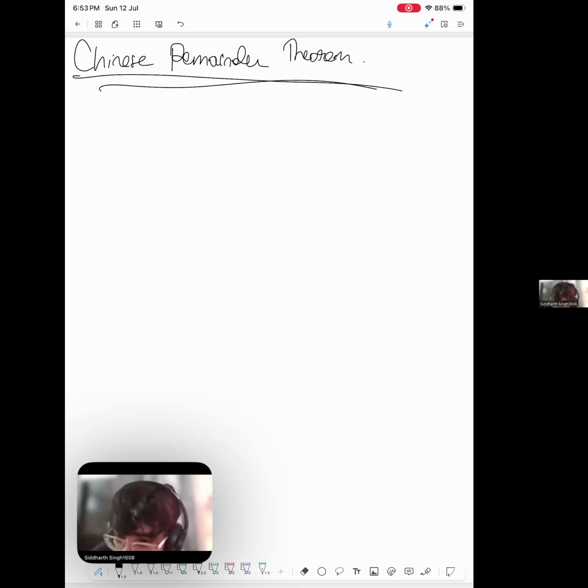Okay, wait. GCD of mi and mj is 1 and x is congruent to ai mod mi, then there exists some unique x modulo the product. Exactly, yep. That's perfect. Right. This is what I was looking for. You should include every single detail.